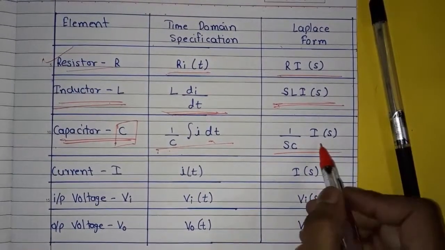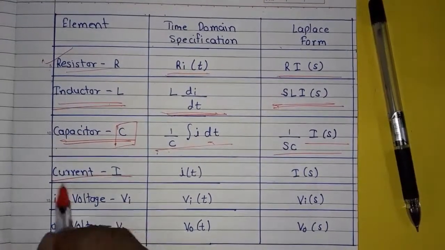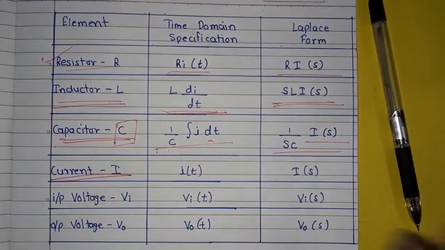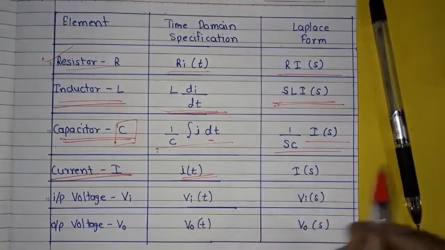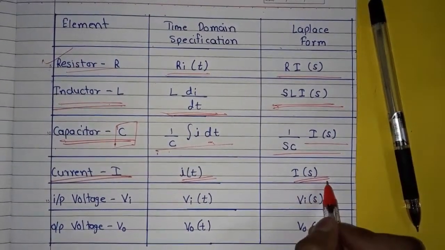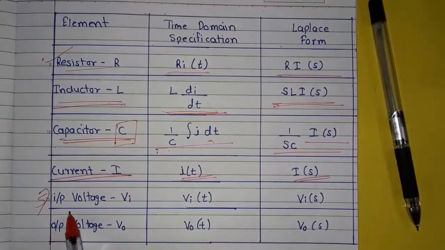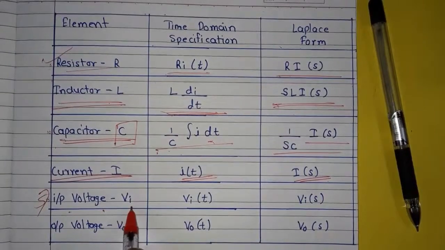Third is capacitor. It is denoted by C. Its time domain specification is 1 upon C integration of i dt and its Laplace form is 1 upon sC into I of s. Fourth is current. It is denoted as I. Its time domain specification is i of t and Laplace form is capital I of s. Fifth is input voltage. It is denoted by Vi.